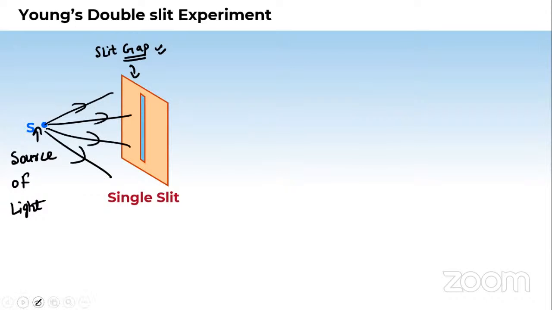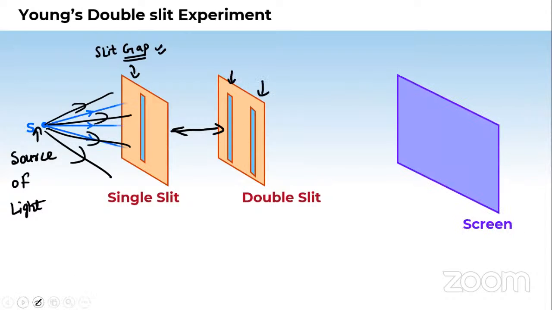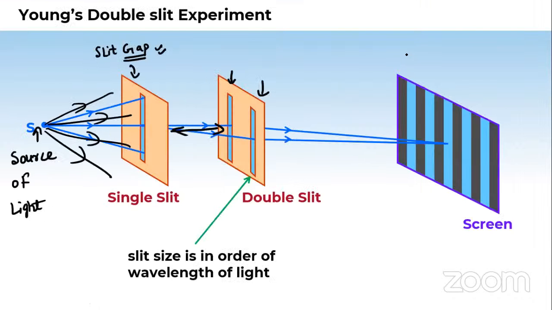When it passes through the slit, next to it there are two slits here. These are double slits. The two gaps are here. When the light rays pass through this, you are able to observe alternate dark and bright bands on the screen. Slit size here is in the order of the wavelength of light. Remember it.